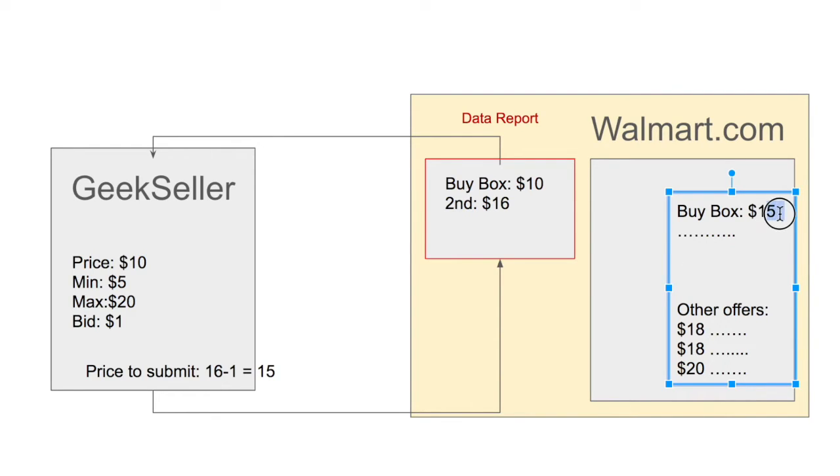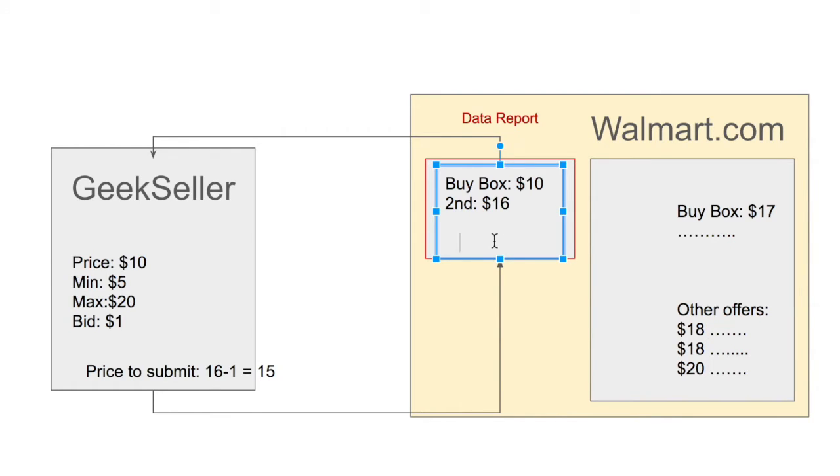That means, let's say you are offering for $11 and the second offer is $18, in the worst case, you will just keep offering this $11 for, let's say, 6-7 days. On day number 7, you will allow our system to bid up, which will bid in this situation to 17. If you ask us to do it every time we receive a report, we may bid up or bid down using an outdated data report, and that will make your winning of the buy box very much questionable.